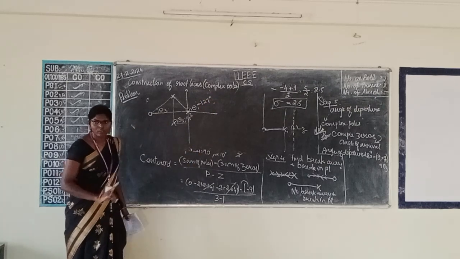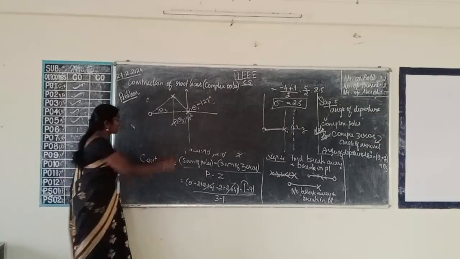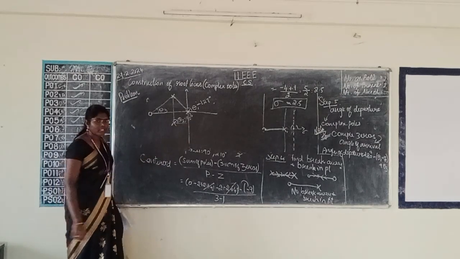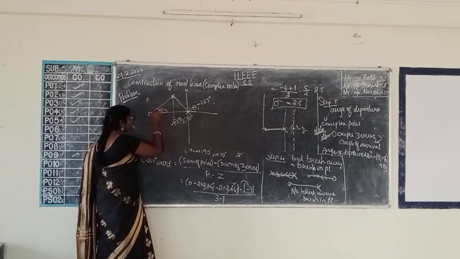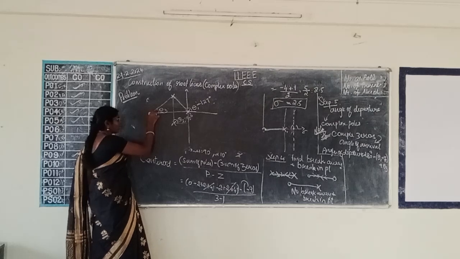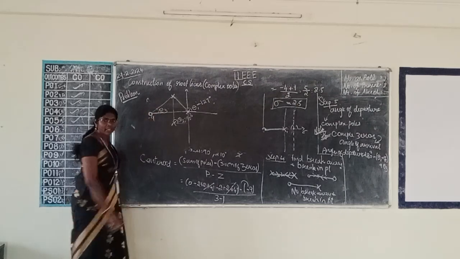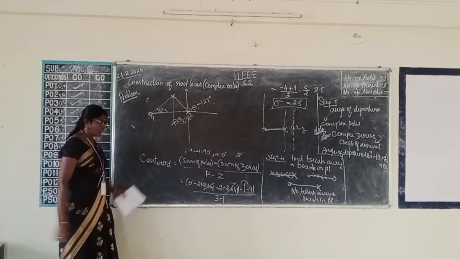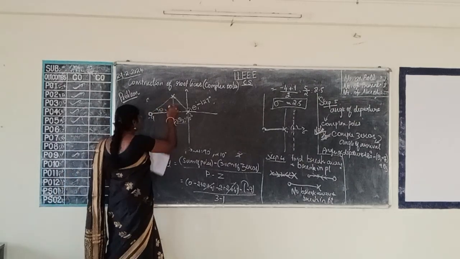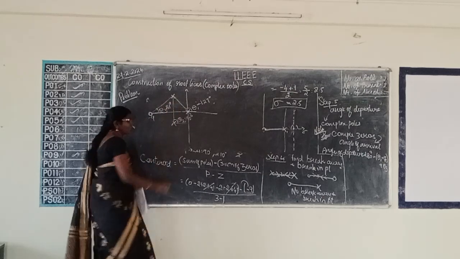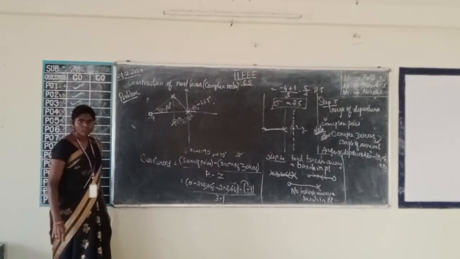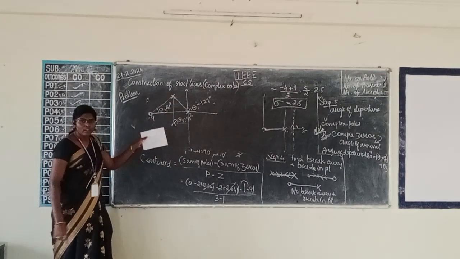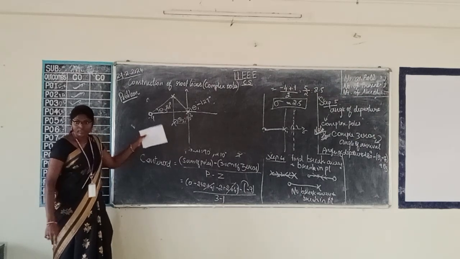Theta 2 is 90 degree. If you place the protractor over the pole at minus 9, it will show theta 3 is 21 degree. So if you do that in the graph sheet, you will achieve these three angles.